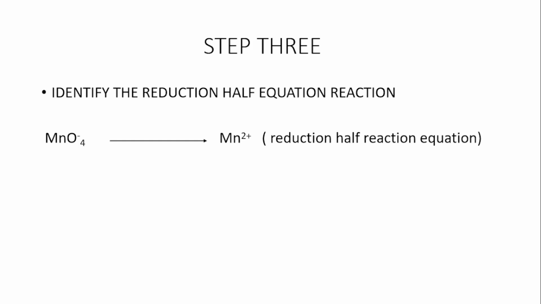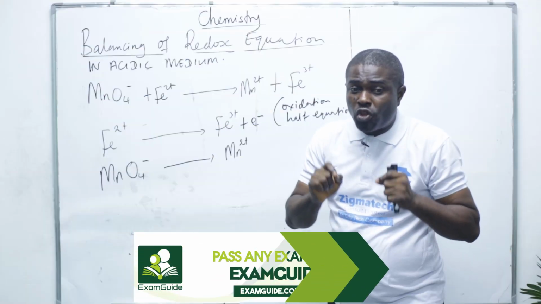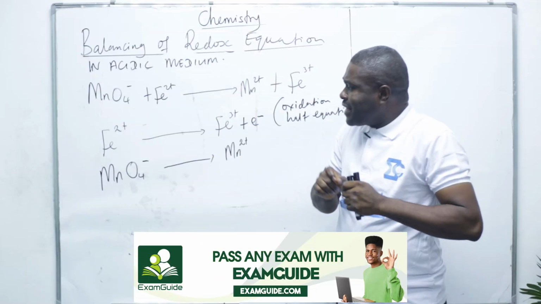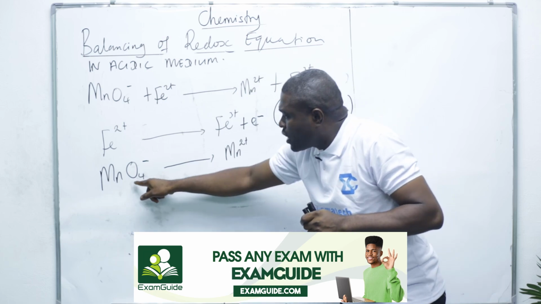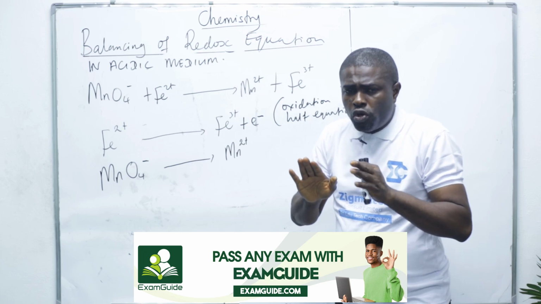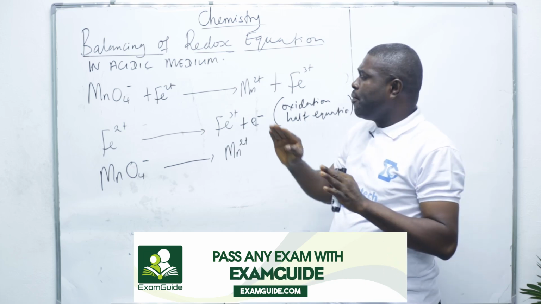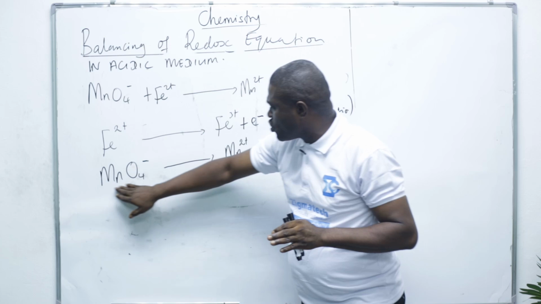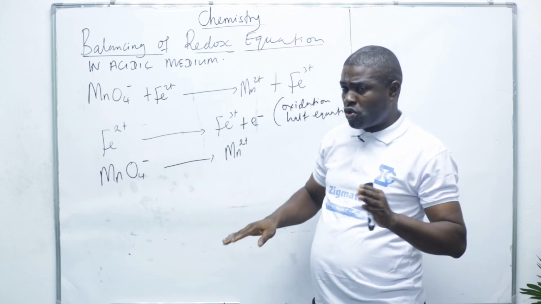We have balanced the oxidation half equation in terms of atoms and in terms of charges. Now we are in the reduction half equation, but it contains oxygen. So you just leave it and balance every other atom that is not oxygen or hydrogen.